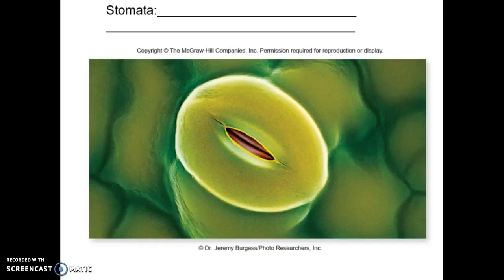During good conditions, the guard cells are relaxed and they're kind of pulled apart, and they leave that little slit there, that little opening that allows oxygen to diffuse in and out of the plant cells and the leaves of the plant, and then water to diffuse out. Water does not diffuse into the leaf. Water goes into the cells or into the plant through the root system.